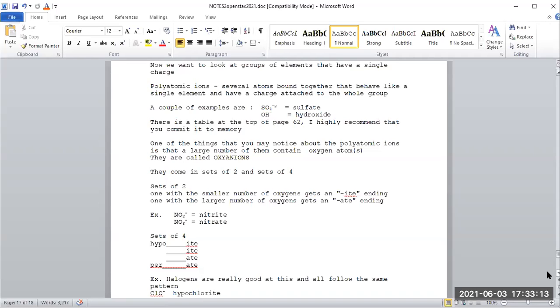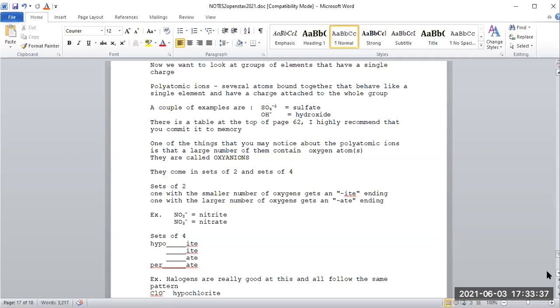But one of the things that's also true about these collections or groups of oxyanions is some of them occur in pairs, twos, and some of them occur in fours.